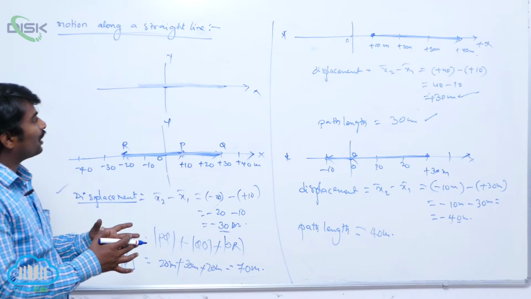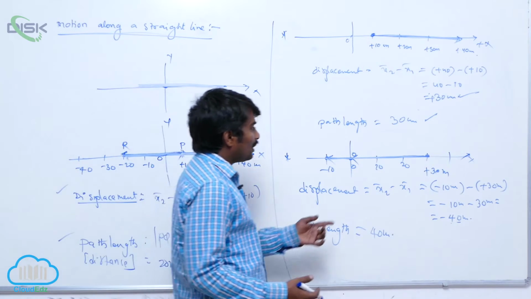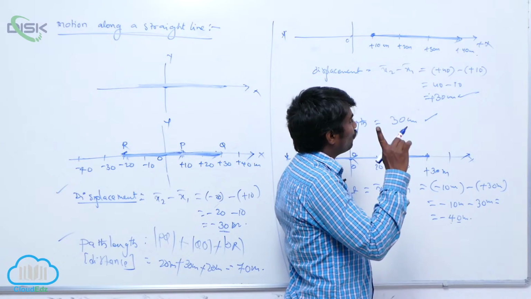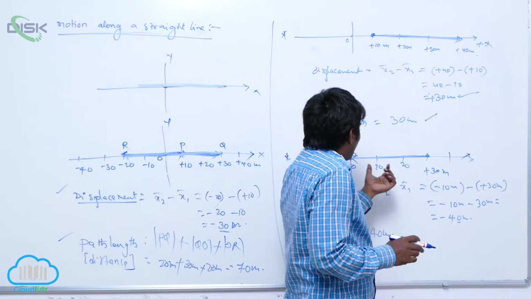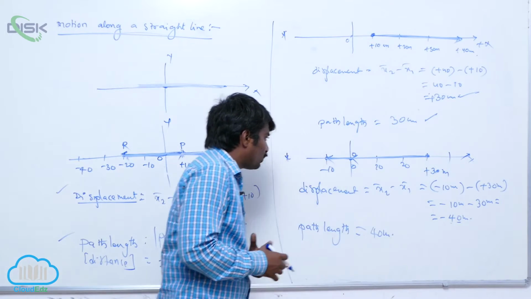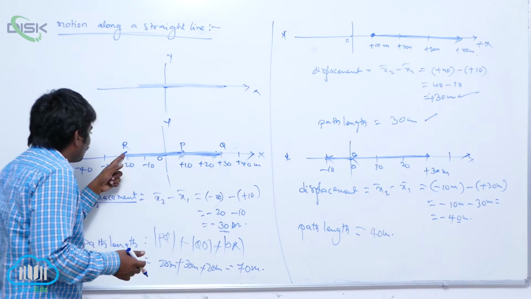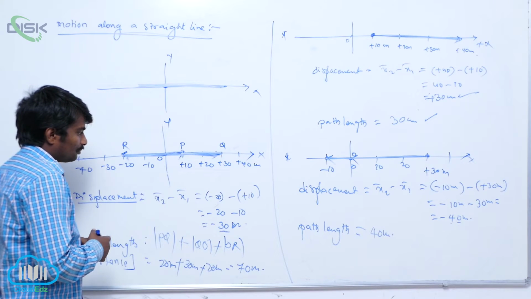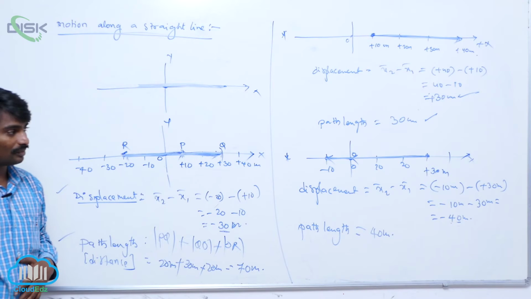That means what we can understand from these three examples, here there is no change in direction of motion. Even at least once it did not change its direction of motion. Here also it did not change its direction of motion, but here it goes forward and then moves back. That means here direction of motion has been changed.